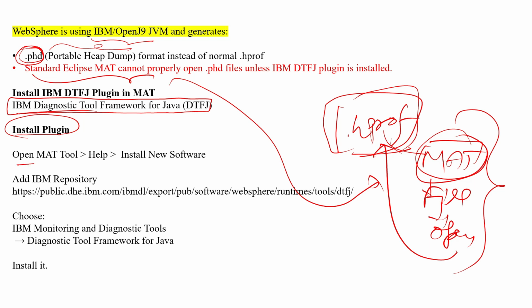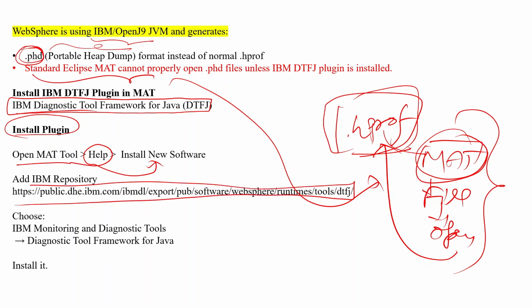For that you need to open the MAT tool, and inside the Help section you will get an Install New Software option. There you can add the repository for this particular tool, and after adding the repository it will show you the products that are part of this repository. You can select that and install. Once this plugin is installed, then you can open this .phd heap dump in the Eclipse MAT tool as well.